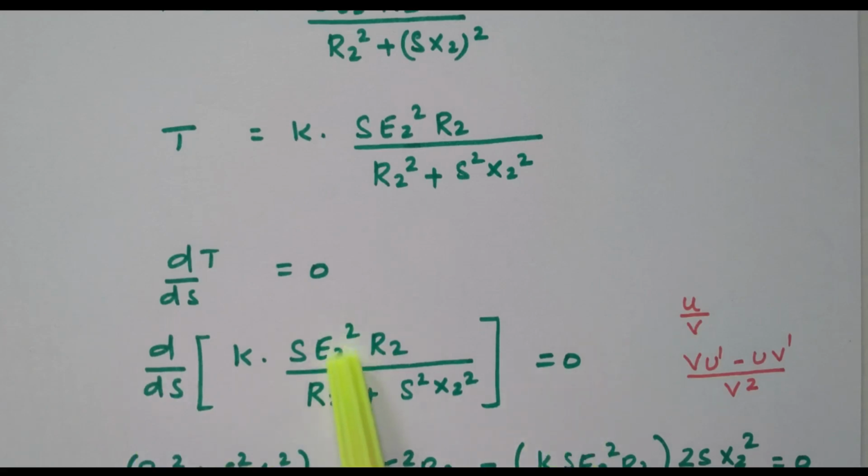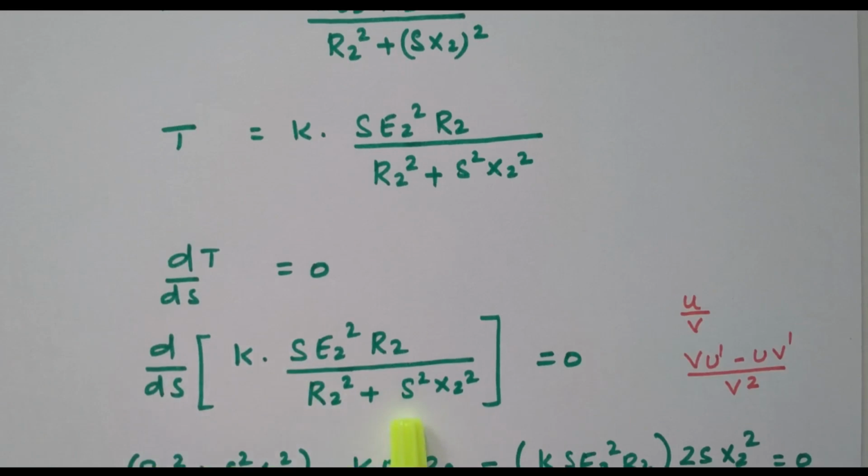By differentiating this equation with respect to S and equating to 0, we will get the condition for maximum torque. So we need to differentiate this expression. We are differentiating with respect to S, slip. The S is available in the numerator as well as the denominator, right? So we can go with the U by V method. Differentiation of a division, U by V method. What is the formula? (V U dash minus U V dash) divided by V square, right?